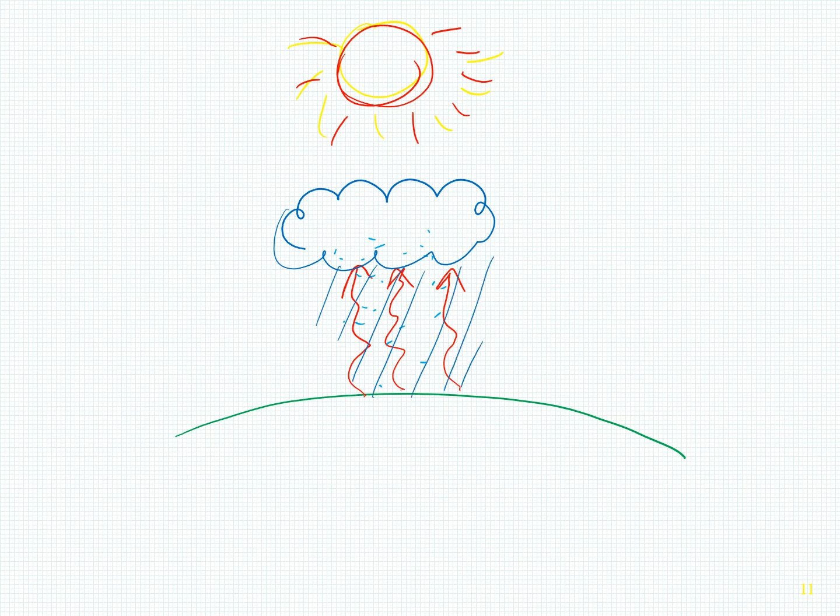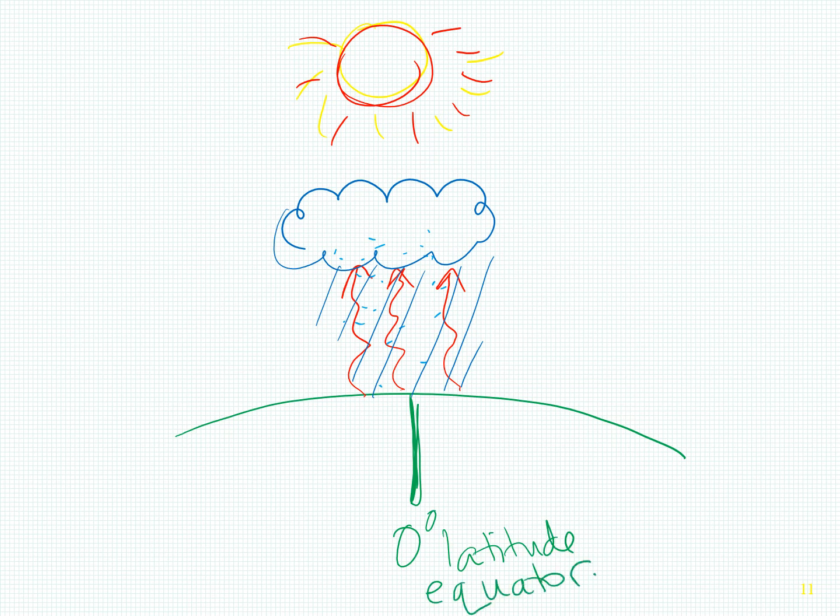So if we're at the first day of spring or the first day of fall, if we are on the equator here, so let's say this is the equator, 0 degrees latitude. Now, there's still more air warming up and coming up here. That's going to push this air that's raining up here.